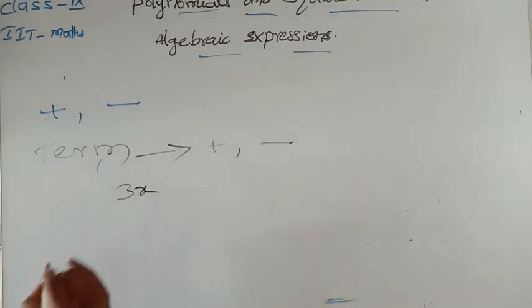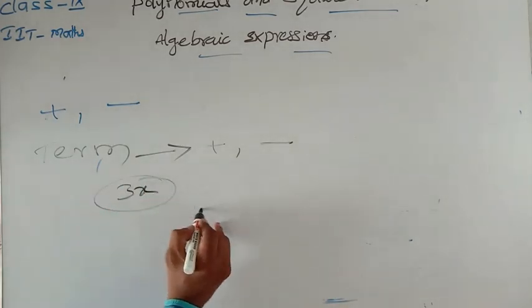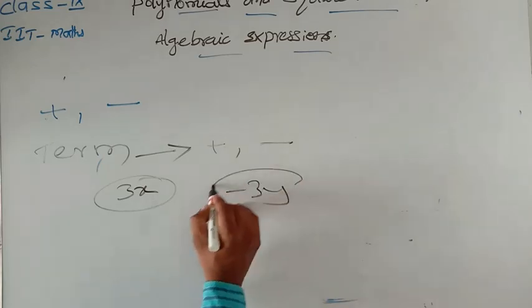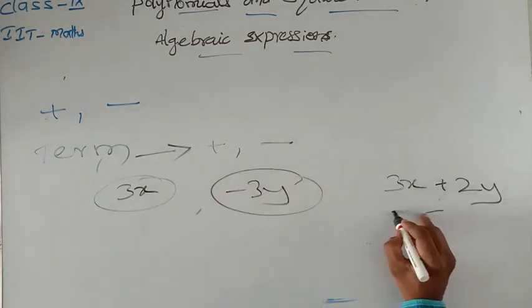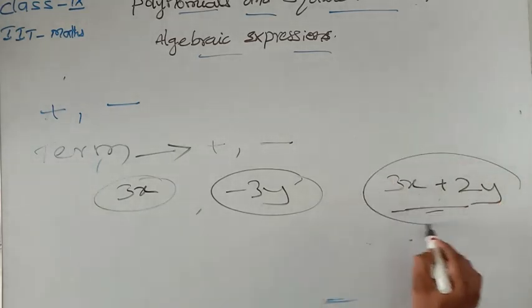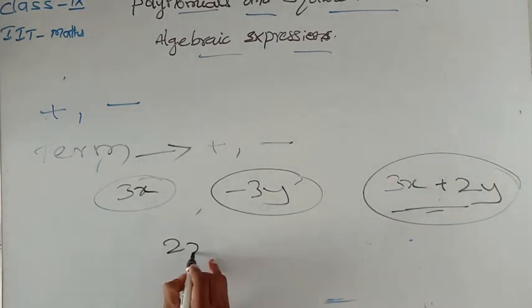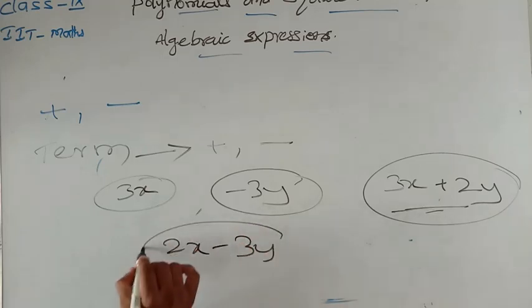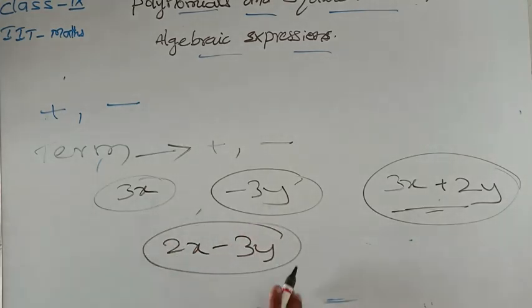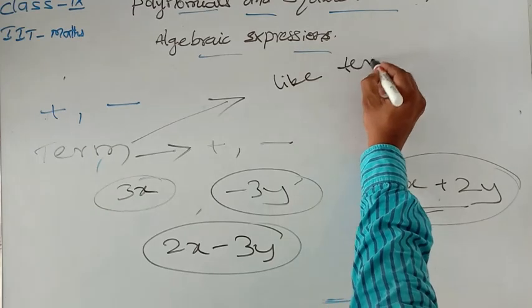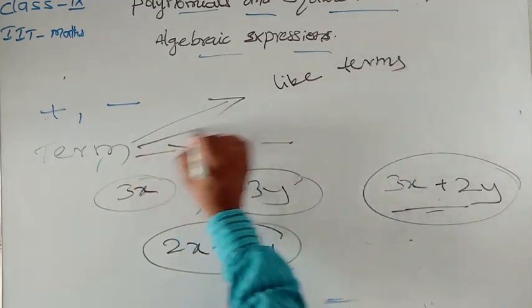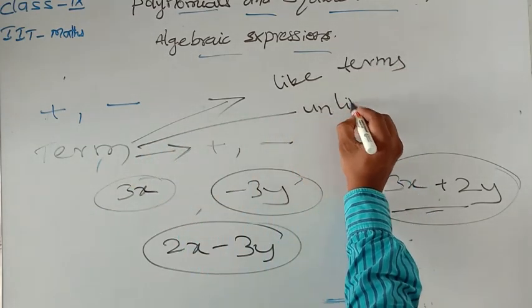Example, I am taking 3x, it is one term, and minus 3y, it is also one term. 3x plus 2y, it is separated with addition, it is also one term. And 2x minus 3y, it is separated with subtraction, it is also one term. So again the terms are divided into two types. One is like terms and the next is unlike terms.